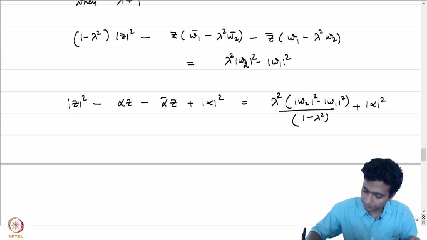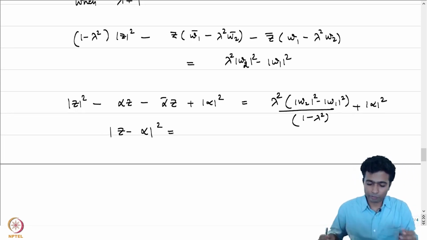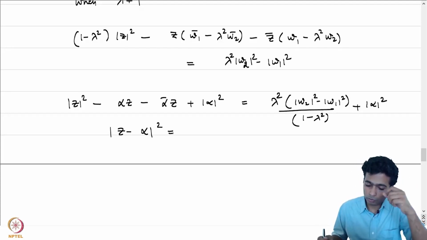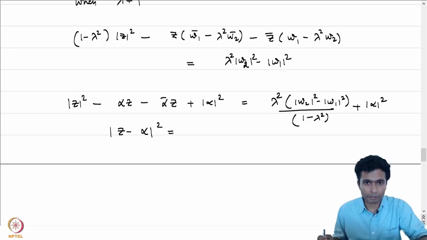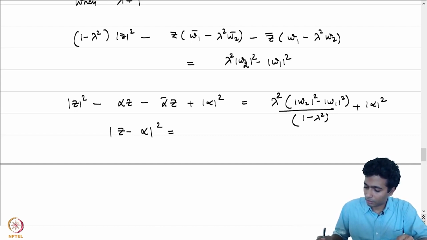So the left hand side is going to be equal to |z - alpha|^2, and I'll just leave it to you to check. What is alpha here? Alpha is basically (w1 bar - lambda^2 w2 bar)/(1 - lambda^2). And you should check that the right hand side also works out.